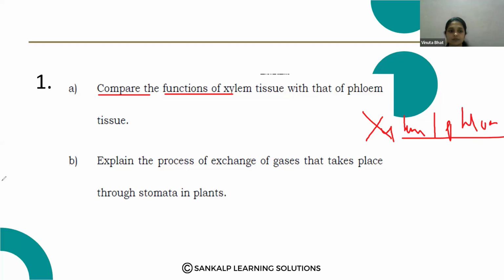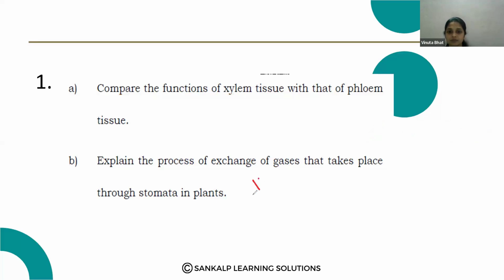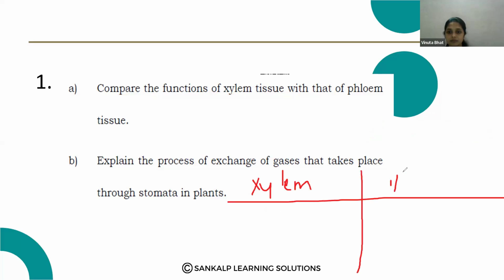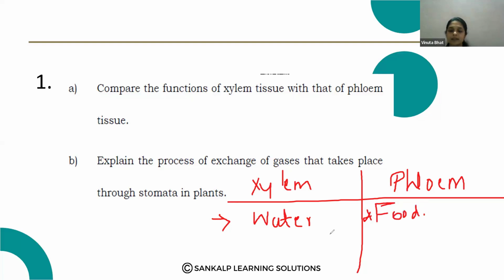Here, xylem and the phloem. Xylem, that is meant for the transportation of water. Phloem, that is meant for the transportation of the food materials, that is translocation of the food materials and the soluble products of the amino acids.